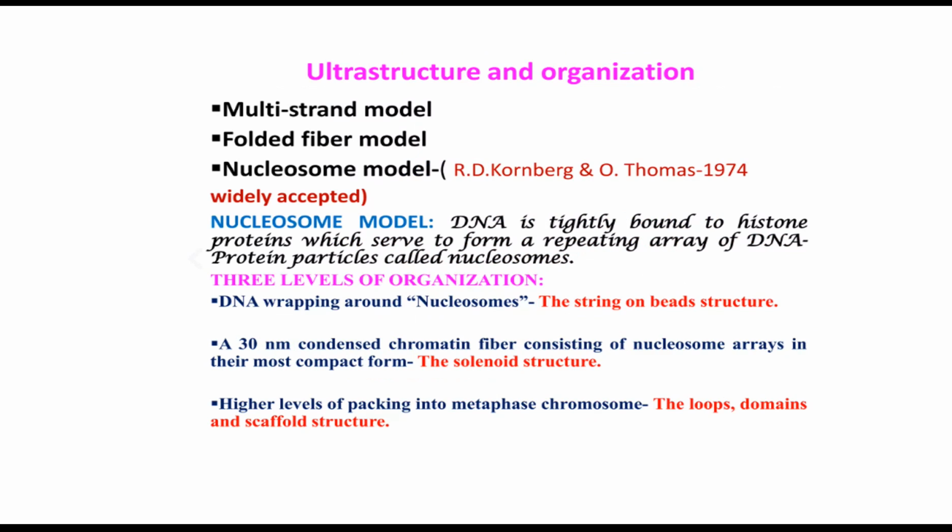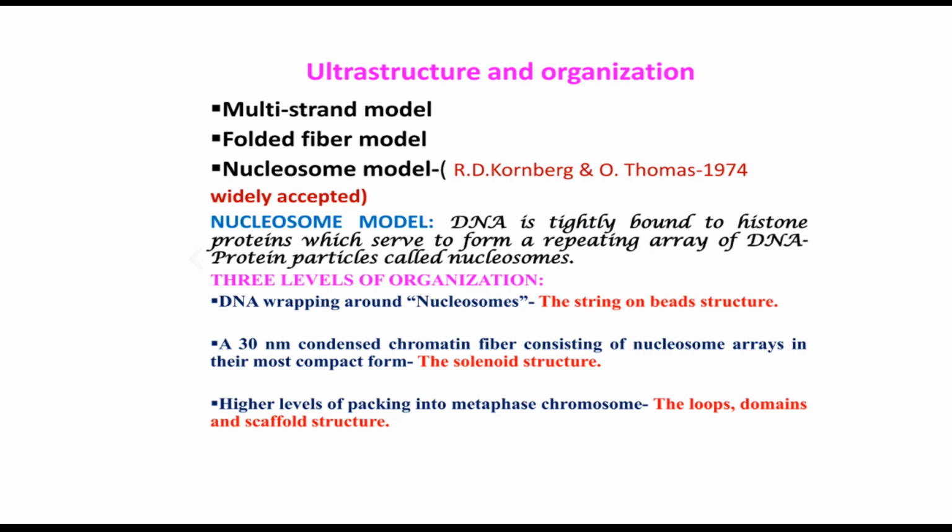Ultrastructure and organization. It includes the multi-strand model, folded fiber model, and nucleosome model. Nucleosome model is the common one. DNA is tightly bound to histone proteins, which serve to form a repeating array of DNA protein particles called nucleosomes.